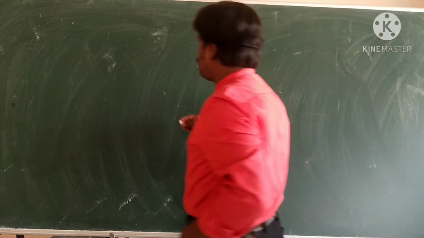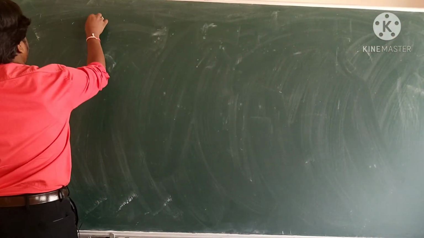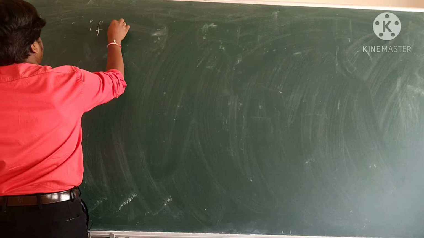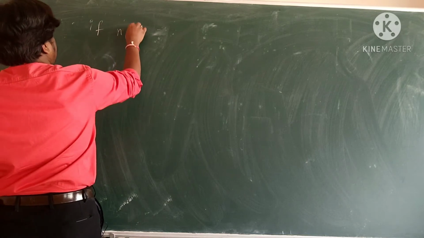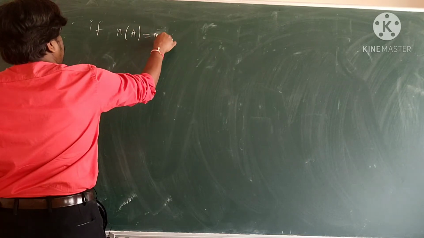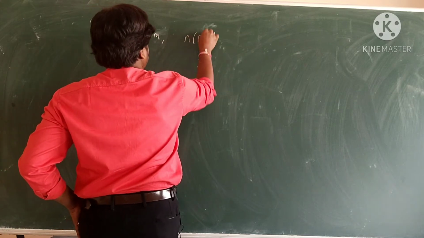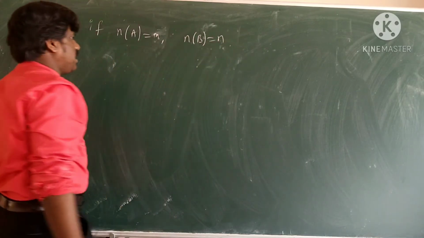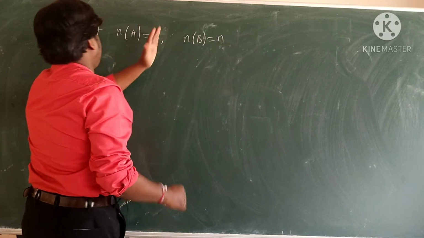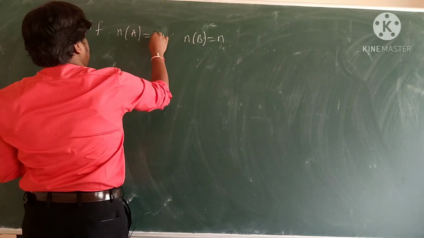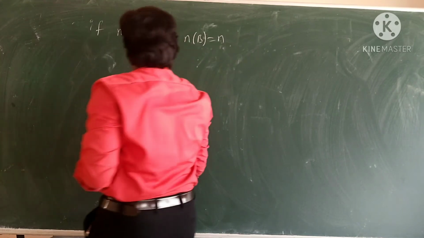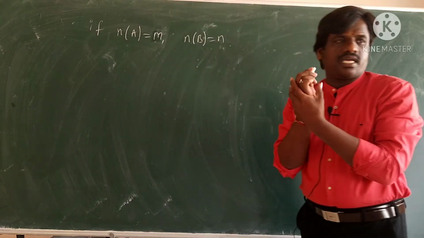Suppose A has m elements and B has n elements.